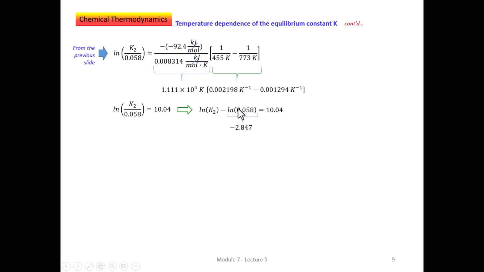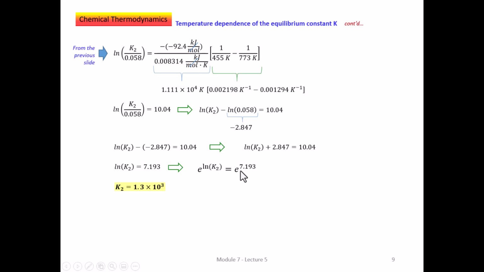So if we substitute that in there, we have ln of K2 minus a minus 2.847, which looks like ln of K2 plus 2.847 equal to 10.04. So ln of K2 equals 7.193. We take the exponential of both sides, which would leave K2 on the left, e to the 7.193. We write out as 1.3 times 10 to the third.